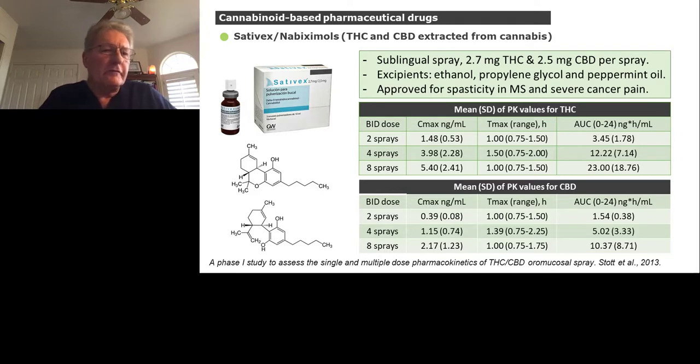The first phytocannabinoid to hit the world market by GW Pharma was Sativex, or nabiximols. This is an approximately 1-to-1 ratio of THC to CBD, and it is delivered as an oromucosal spray.